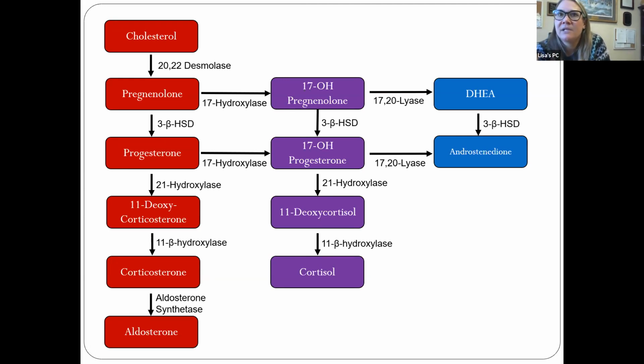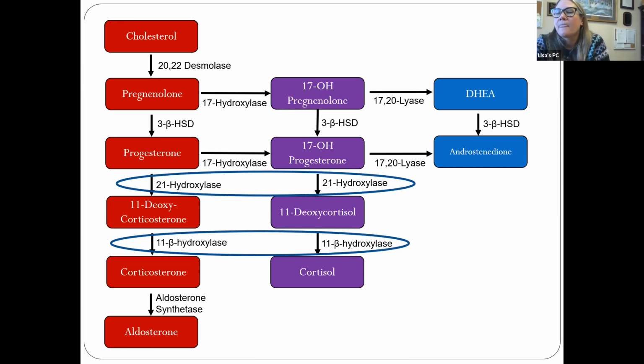And so back to this picture, these are your two most common causes of CAH. Again, 90% of cases come from a 21-hydroxylase deficiency. So if you're looking at this picture, if you're deficient in 21-hydroxylase, 17-hydroxyprogesterone, the precursor, is going to build up in the blood.